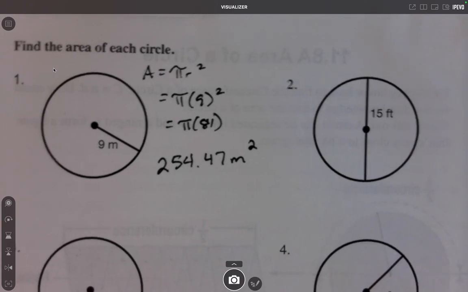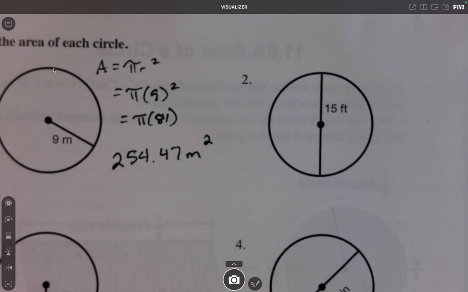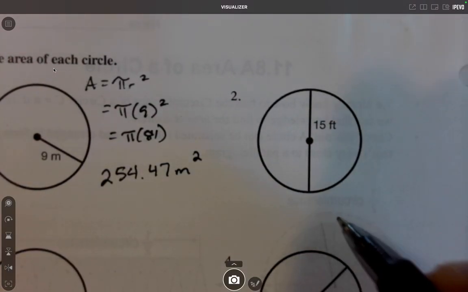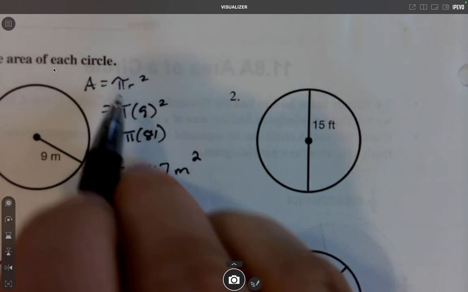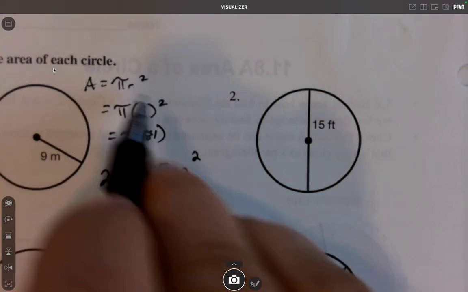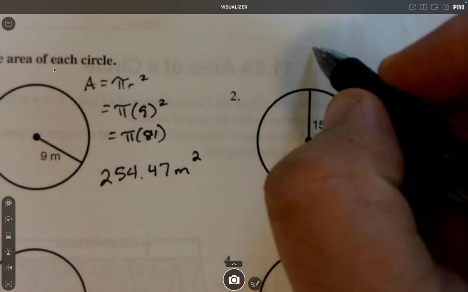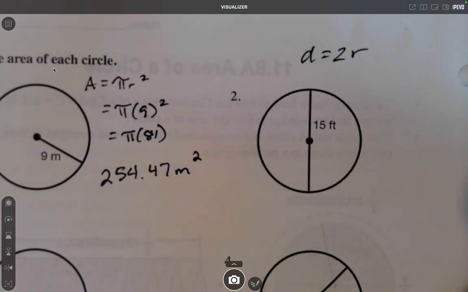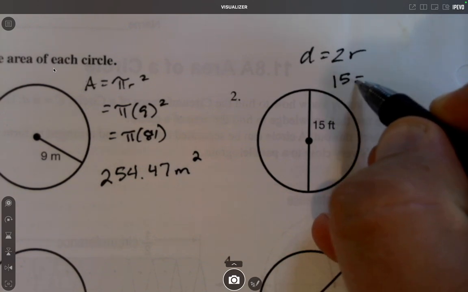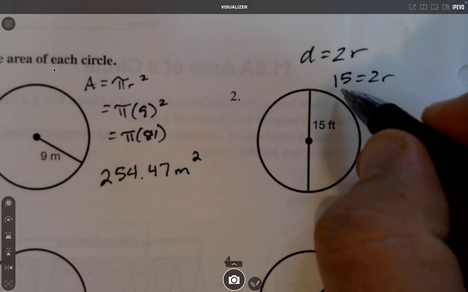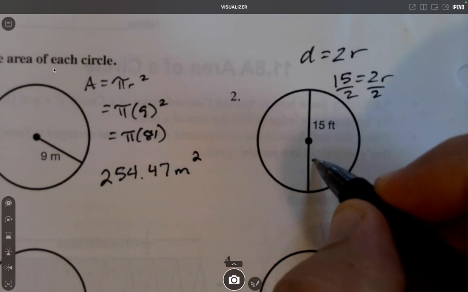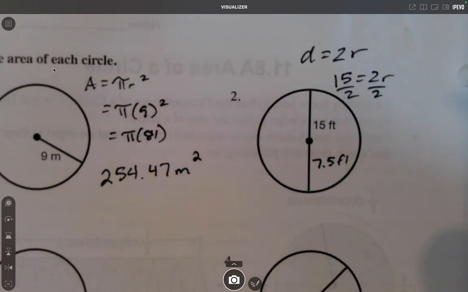Okay, now number 2 does what we talked about at the bottom of the front of the page. They give us the diameter. We cannot plug that into this formula. There's no D in this formula. But we know the diameter is equal to 2 times the radius. So if the diameter is 15, we can divide both sides by 2 and figure out that the radius is 7.5 feet.